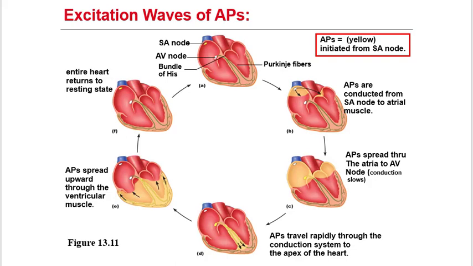So from the depolarization of the pacemaker first, because of proximity, the atria will depolarize slightly ahead of the ventricles.